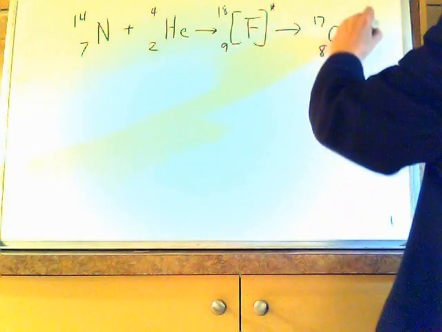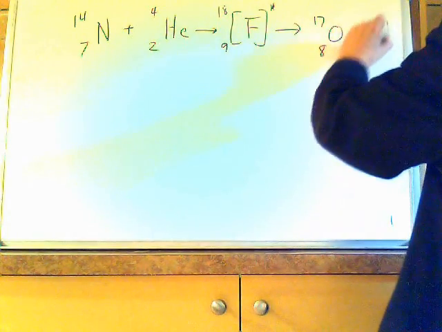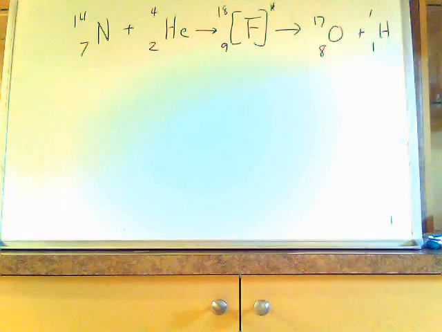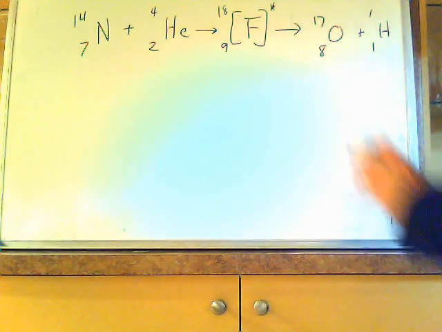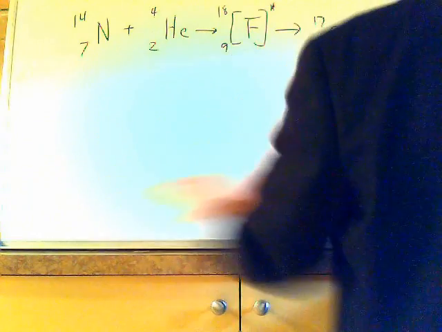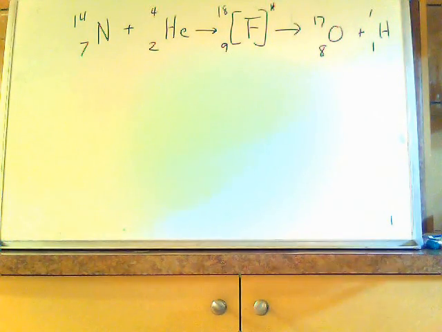And that being the case, the other product has to be a proton. Okay, so with what we've got so far, we can actually do some calculations that will enable us to draw an energy diagram for this particular set of reactions.